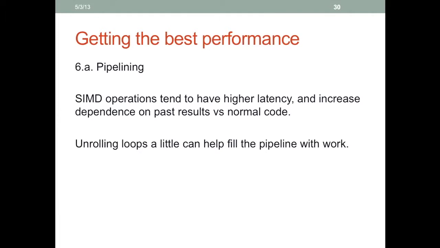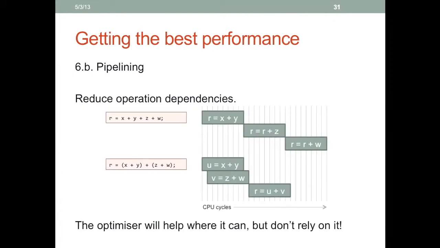If you can't break the dependencies, then you can unroll your loops a little bit, and maybe we could use a system like David described earlier, actually. Of course, if you can break up your dependencies, you should.